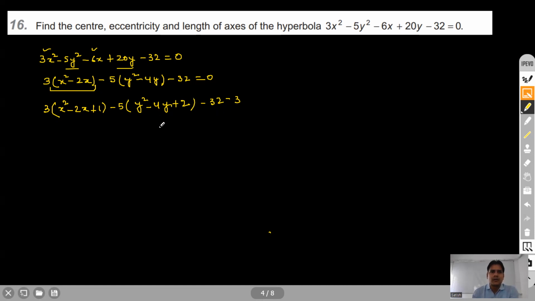Just a minute. So this will be y minus 2 squared. Okay. So y square minus 4y and plus 4. So I have to add 4, not 2.